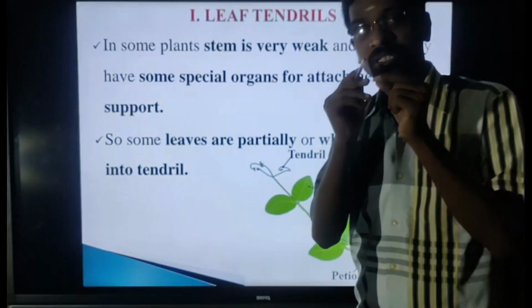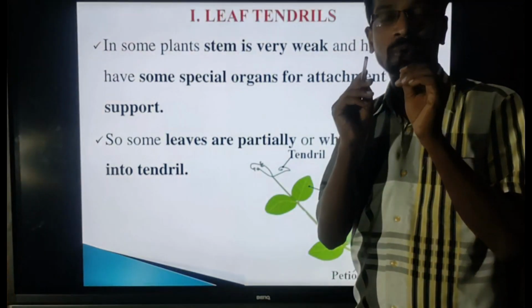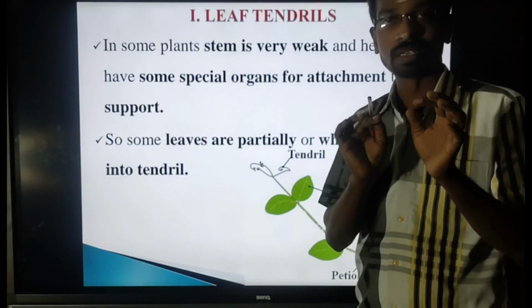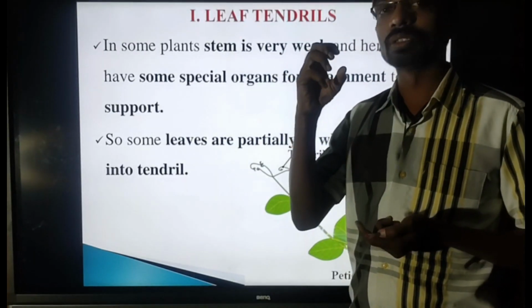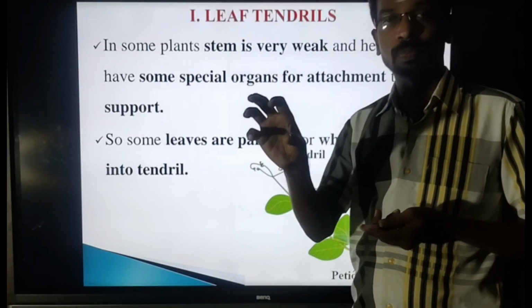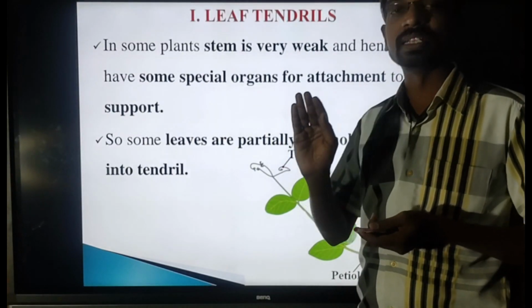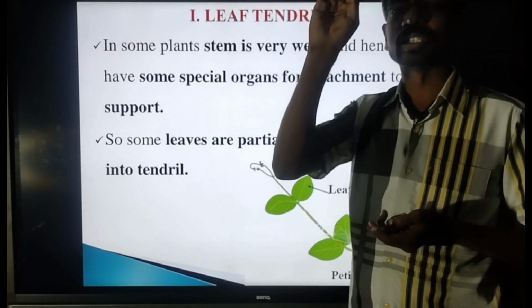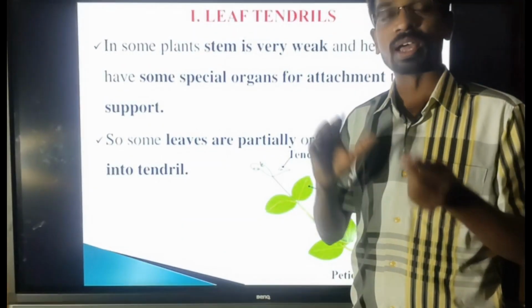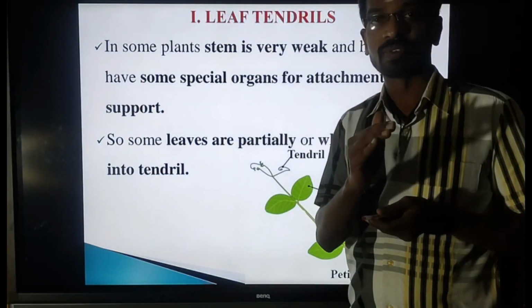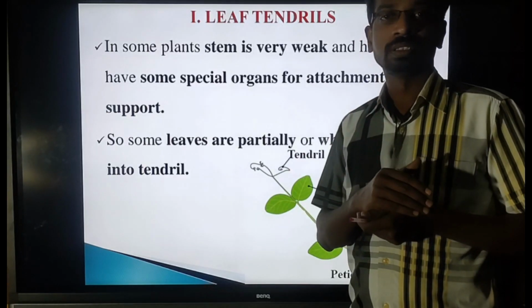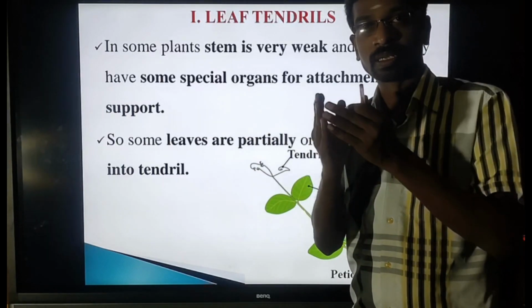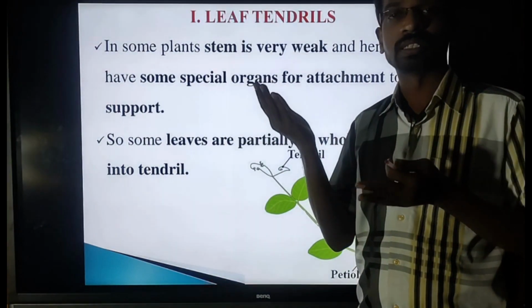The leaf tendril is a slender, coiled, wiry structure. It helps to climb the support plant. The plant will grow on the surface of the support plant or any other support, such as a wall or a fallen tree.